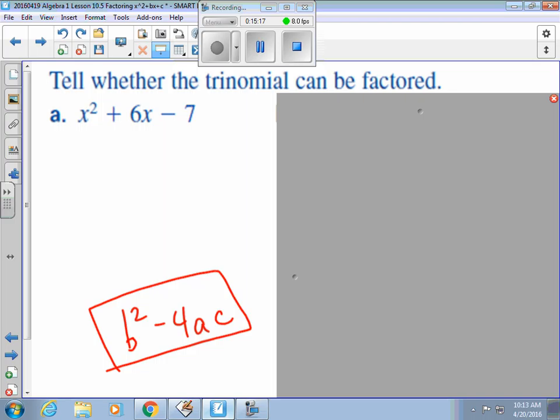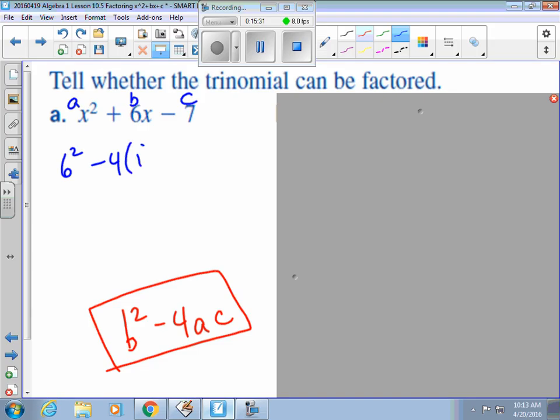So let's look and see what we got. First thing you want to do is label everything. This is A, this is B, and this is C, just so you don't mess up. B squared is 6 squared, minus 4 times A's value, 1, times C's value, negative 7. 6 squared is 36. Negative 4 times 1 is negative 4.